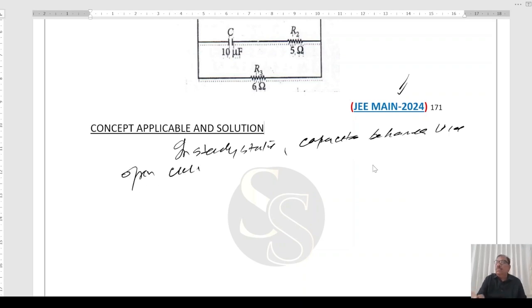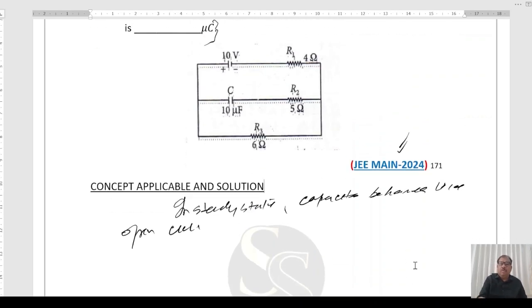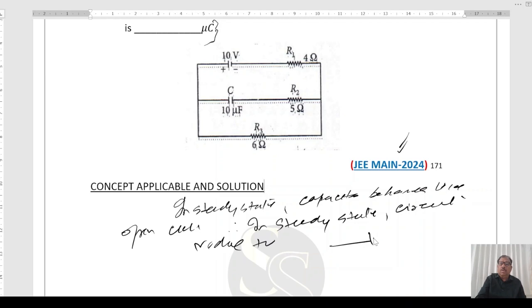Then circuit reduces to, therefore, in a steady state, circuit reduces to 10 volt, 4 ohm, 6 ohm, 10 volt, R3, R, right?